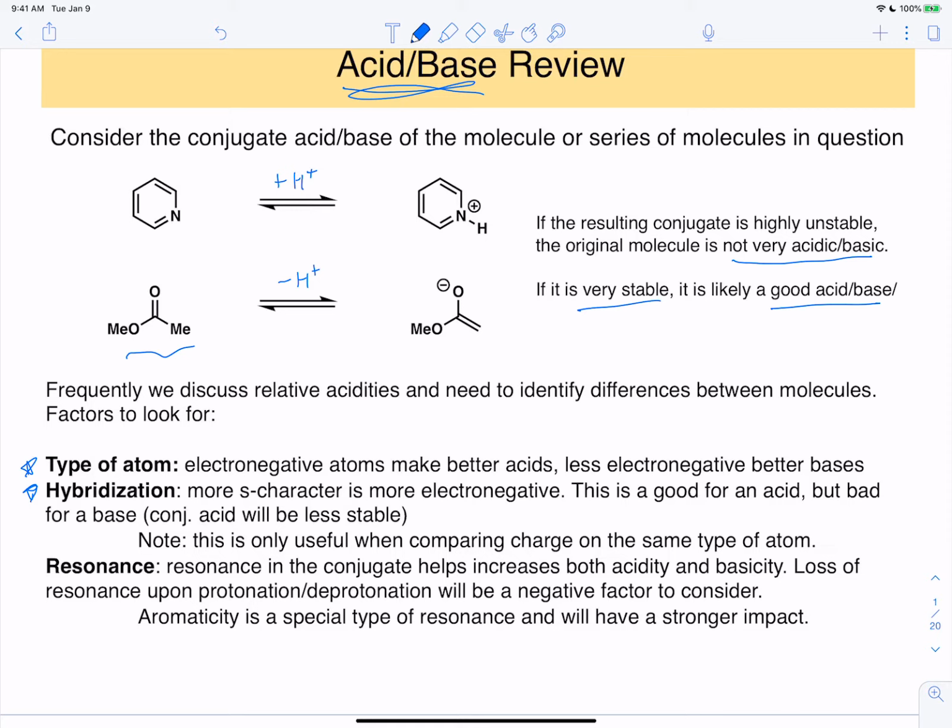And conversely, if you're looking at s character of an acid, s character will be very good for an acid because it's going to be good at stabilizing the conjugate base. But if you have a lot of s character on a base, that means that the positive charge you need in the conjugate acid will not be well stabilized.